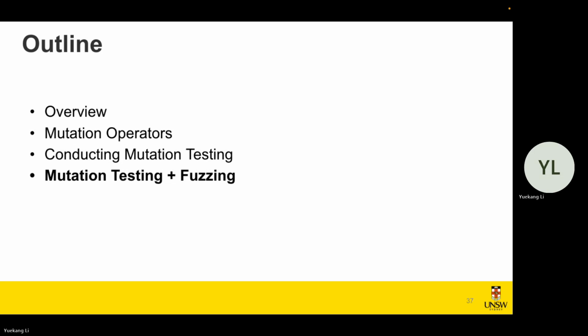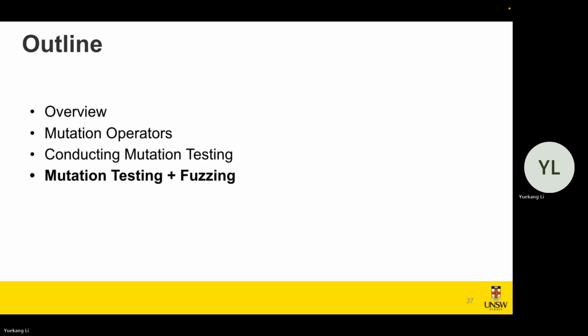A mutant is considered to be killed, the keyword is killed, if at least one of the test cases in the test suite cannot pass on that mutant. And a test case that can kill a mutant is considered to be a good test case.